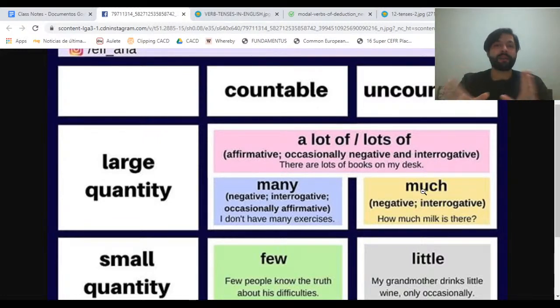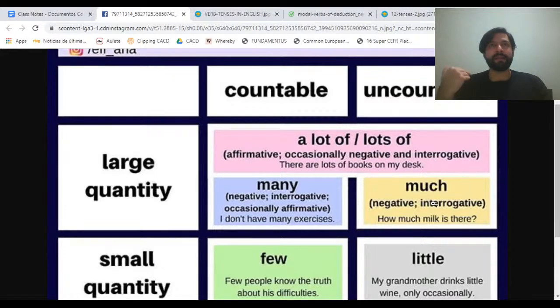Now things start getting a little separated, because many we must use for countable things only and much for uncountable things only. And you can see that the predominance of usage for much and many is going to happen in negative and interrogative sentences, and occasionally in affirmative sentences.